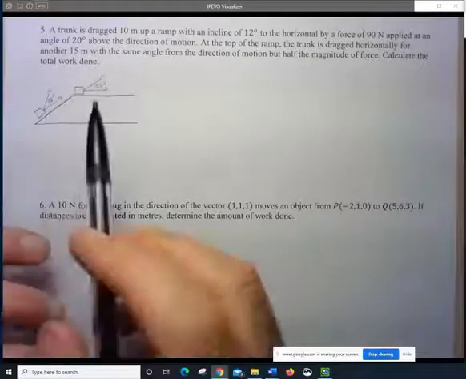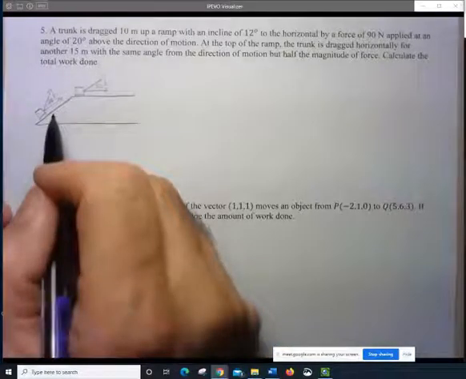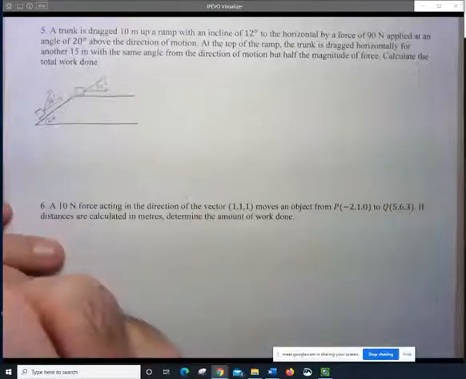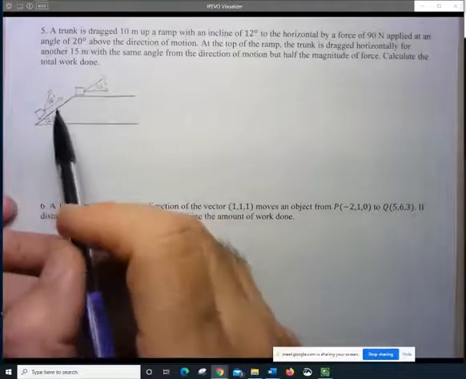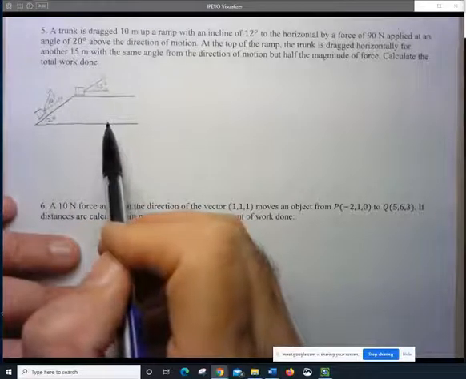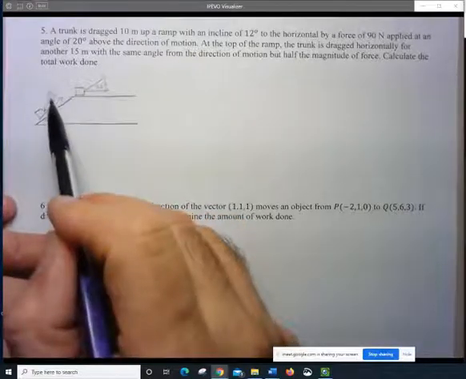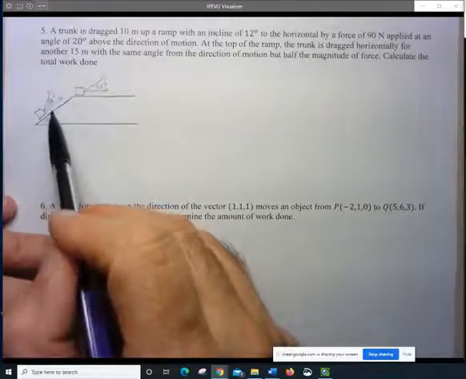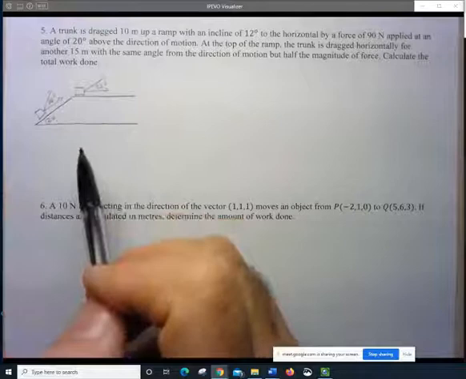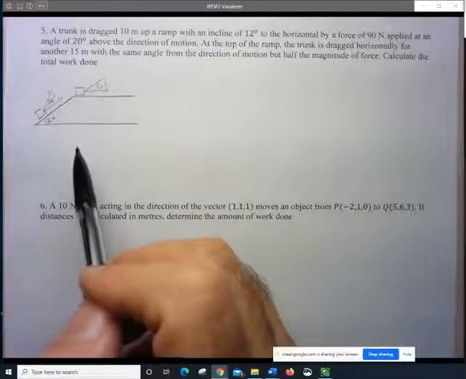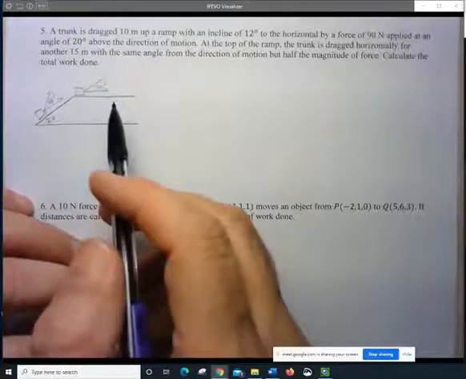So you never actually need the incline of the ramp of 12 degrees. Now, I could have easily given this question where the forces are all given with respect to the ground, in which case this would not have been an angle of 20. I guess it would have been an angle of 32 if I was giving it always from the horizontal. But in this case here, we didn't actually need it.